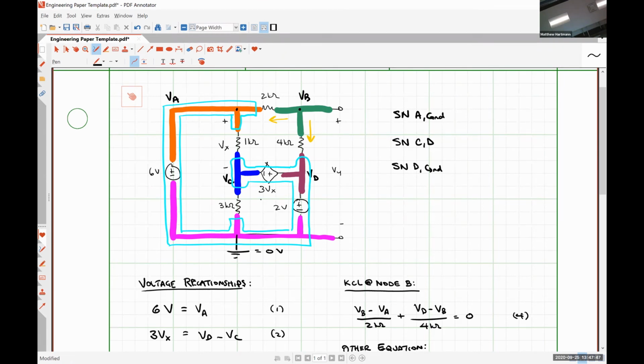I am not talking about the relationship that Ms. Shahara, is that correct? said earlier, that 3Vx is equal to Vd minus Vc, okay? I'm talking about this voltage Vx defined as the actual voltage drop Vx that is defined in the circuit, okay? We need to write an equation for that.